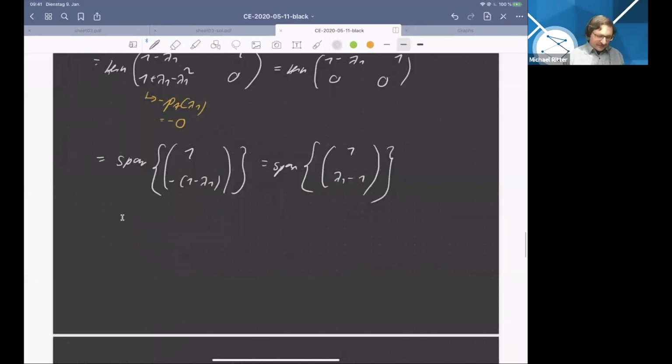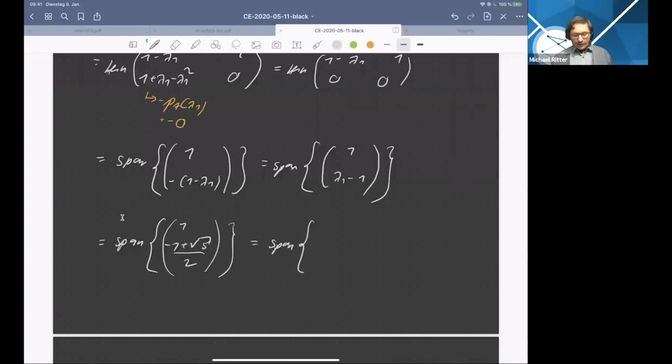And finally, we do know the values for lambda 1, so we can also substitute those. If you do that, we get 1, and that was lambda 1 minus 1, which is then minus 1 plus square root of 5 over 2. Or to make things a little more convenient, the span is the set of all linear combinations of its contents. So in this case, it doesn't matter which scaled version of the vector we use.